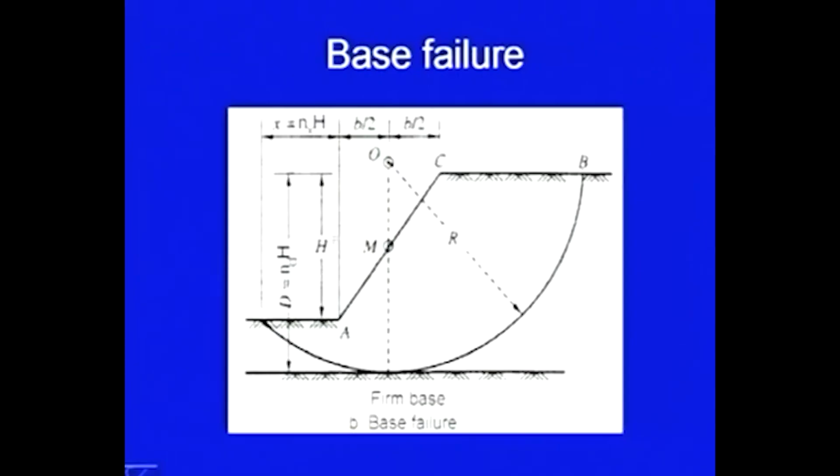Please note it, there will be different parameters in different graphical solutions. Here h is the height of the slope, and this is the firm base. So, it is nd times h from this crest of the slope. So, this is nd into h, this is h, this distance is x, this is nx into h, and here it will be b by 2 and b by 2.